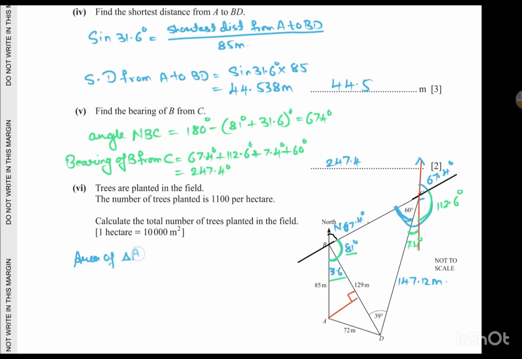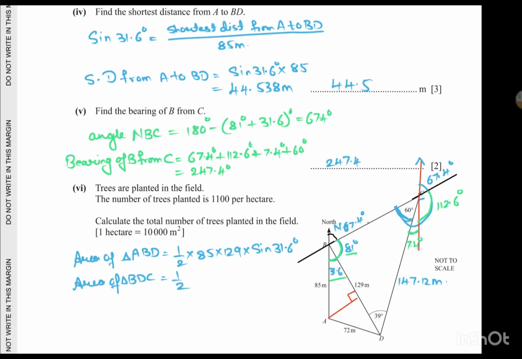So area of triangle ABD is equal to half into, take one of the angles which we know here, sine 31.6. So half into A into B, that is 85 into 129 into sine 31.6, and area of triangle BDC is equal to half into, we will take two sides and one angle.